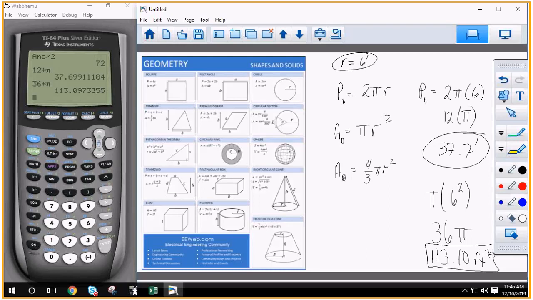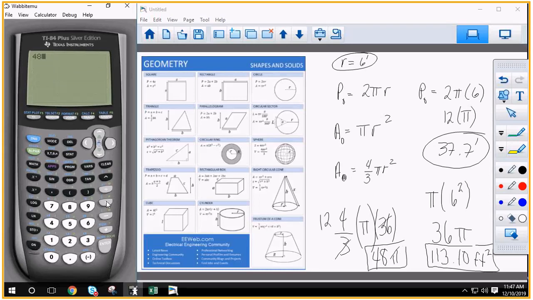Then we would multiply 4/3 times pi times 6 cubed, which is 216. 216 divided by 3 is 72, times 4 is 288 pi. So that would be 288 times second pi.